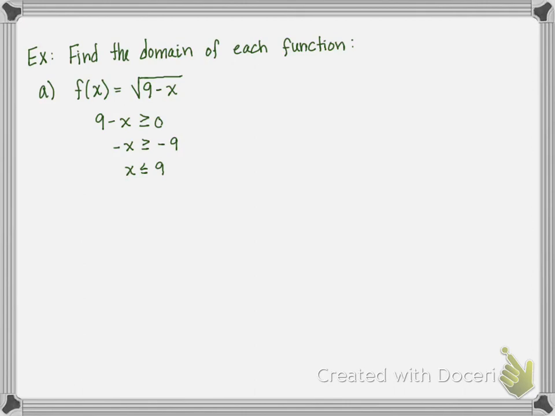The radicand is always greater than or equal to 0. It's just in the process of solving the inequality that sometimes you have to switch the direction of the inequality. So our domain would be negative infinity to 9, including 9.